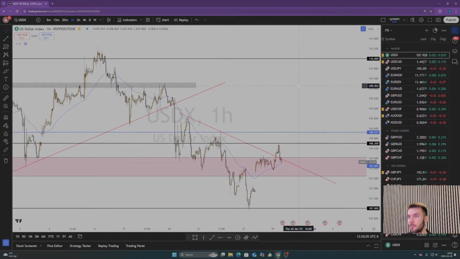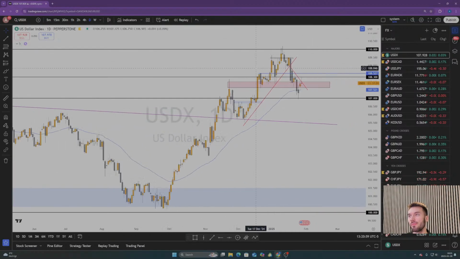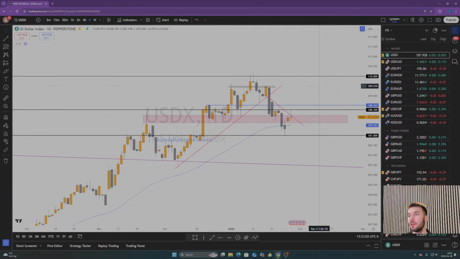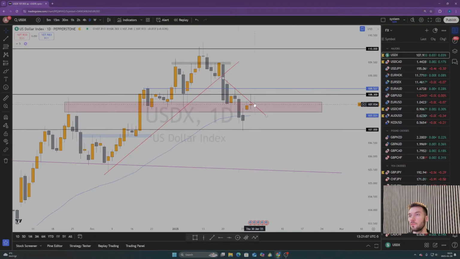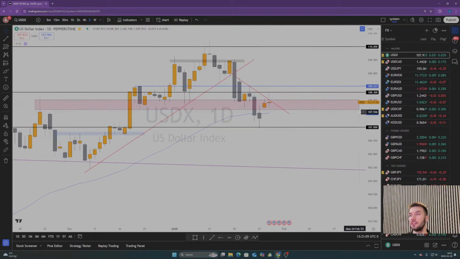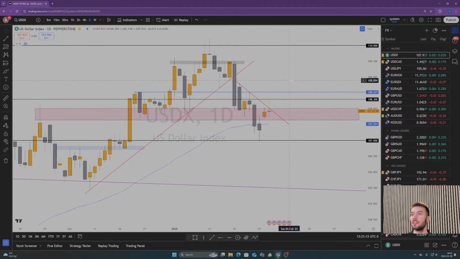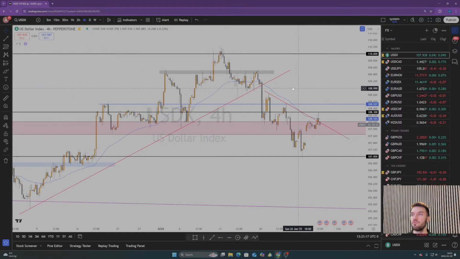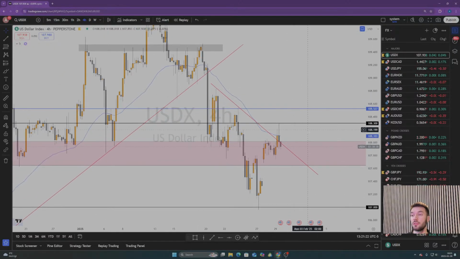Okay. USDX. This looks actually very good to the downside then. I got a bit worried that we would break out of this descending trend line right here. It's showing respect right now, and I like it.